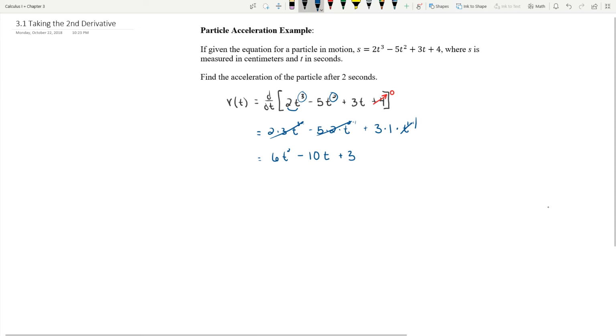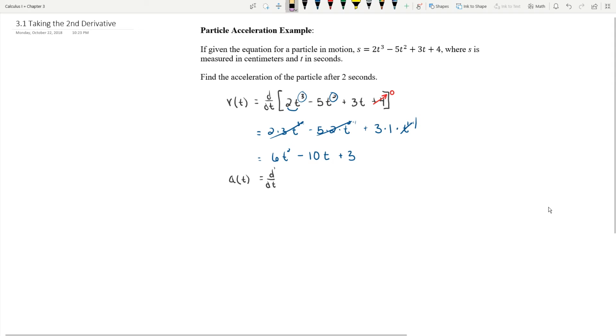The next one is going to be acceleration, which takes the velocity function and we take the derivative of that. So it's the second derivative. So we have the derivative with respect to t, and we'll say the second derivative. And actually, let me see here.